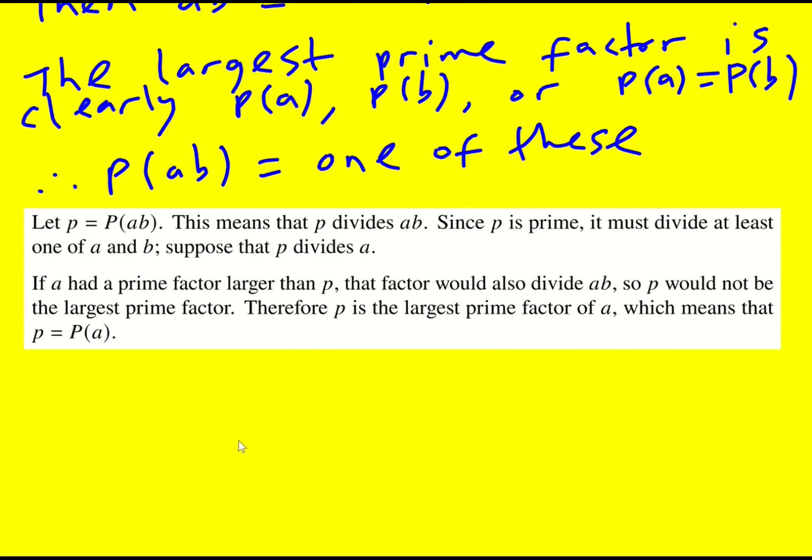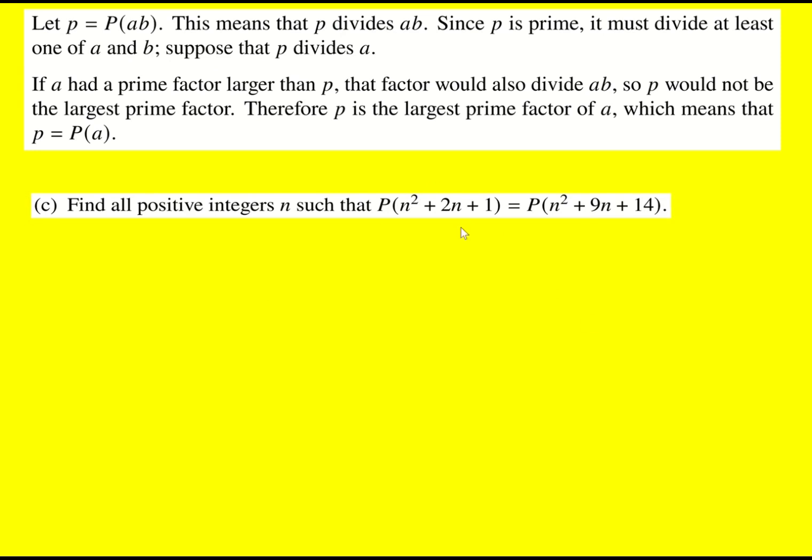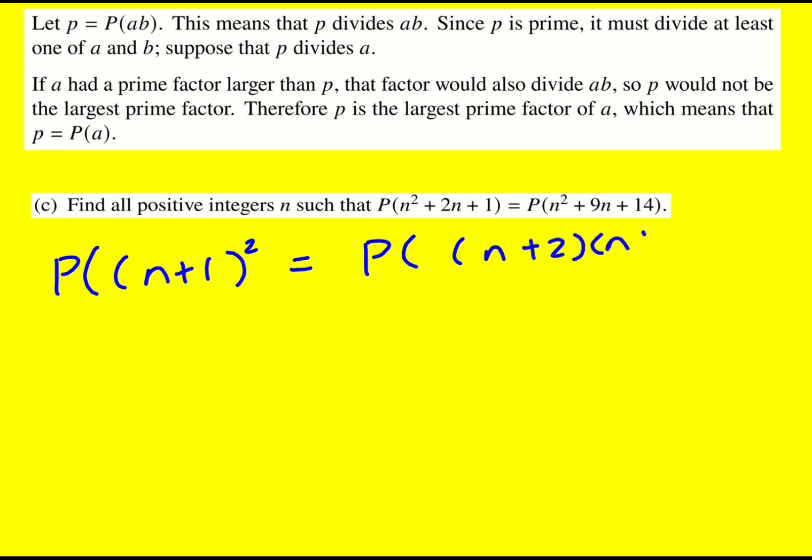Right, let's bear those two things in mind and take a look at the last part. Find all positive integers such that P of this is equal to P of this. Well, the thing that jumps out at me is we've looked at two things multiplied together. So let's try and factorize the brackets, and they will indeed factorize really quickly. This is going to be (n plus 2)(n plus 7).